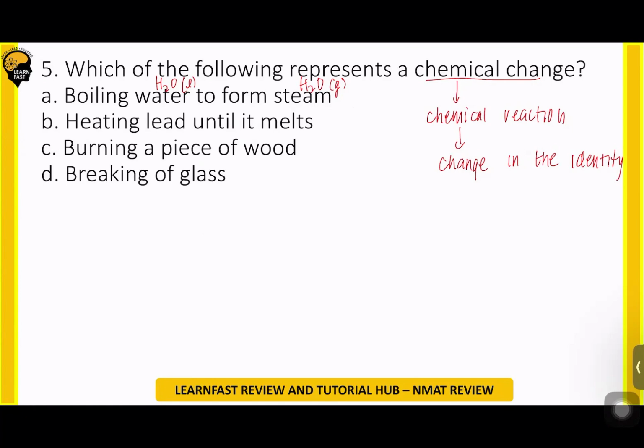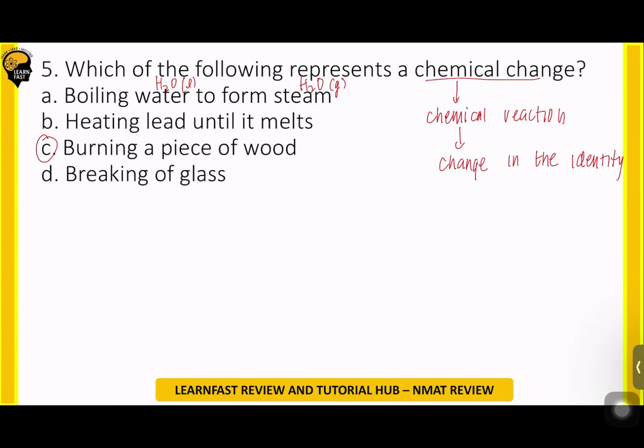So there's a change in the identity of the substances involved. So we could say that letter C is an example of a chemical change. Now, broken glass is still glass, but the size and shape is different. So we couldn't say that it's a chemical change.